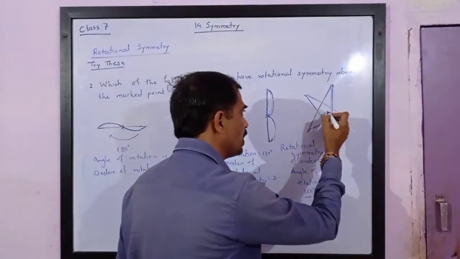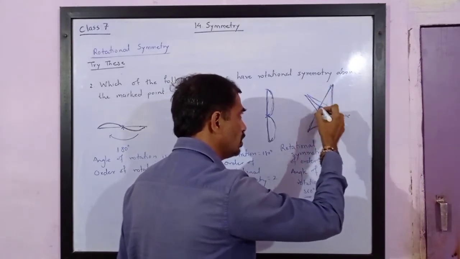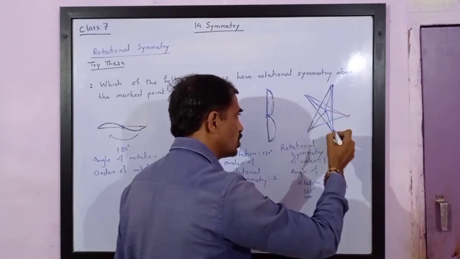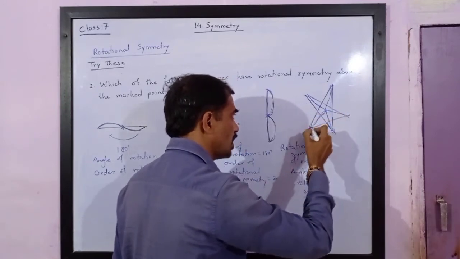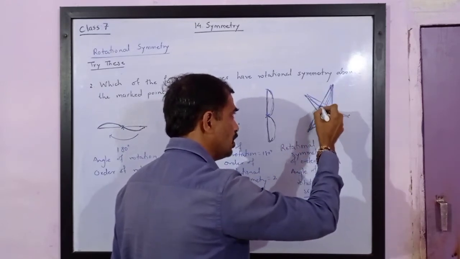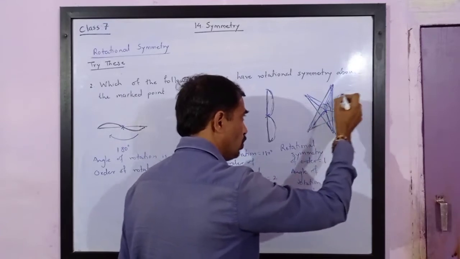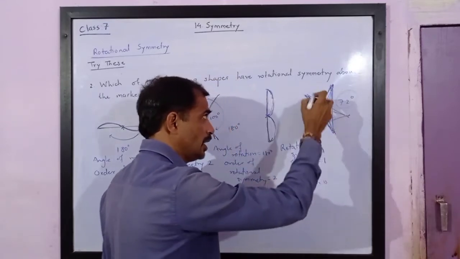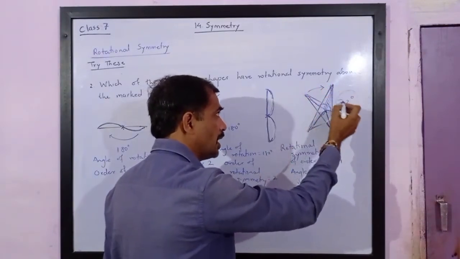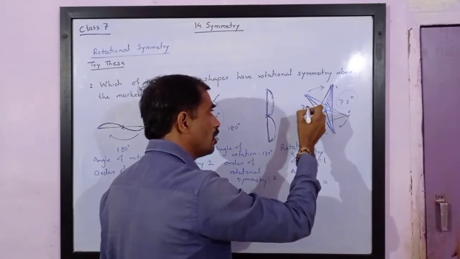Now if there is a figure something like this, please note, there are 5 petals to this star. So if you take the angles, then you will notice that each angle is 72 degrees. If you rotate this by 72 degrees, this petal will come here, this petal will come here, this petal will come here, this petal will come here, and one rotation.